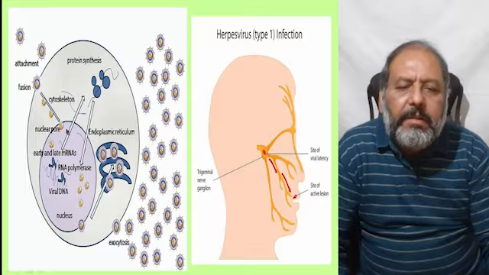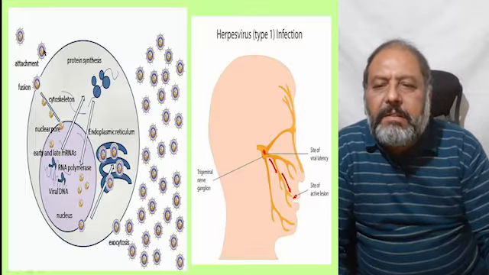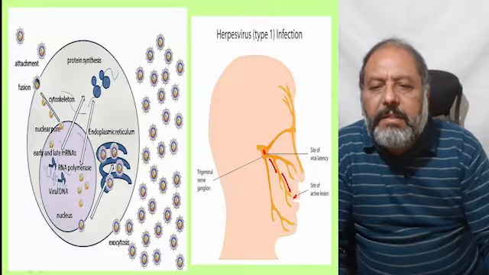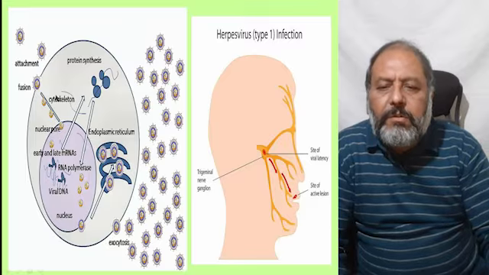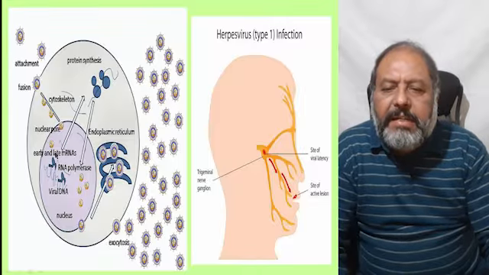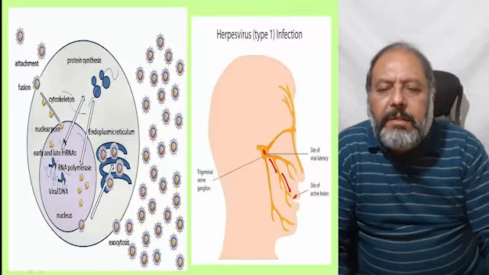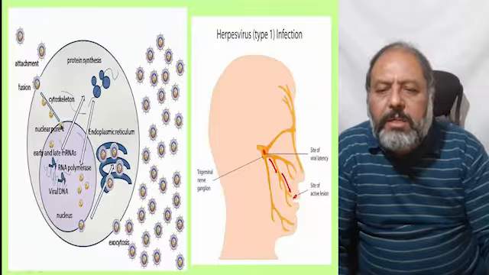So here one can see the attachment of the virus and the fusion of the virus with the cell membrane of the host, and then they enter into the nucleus through a nuclear pore.